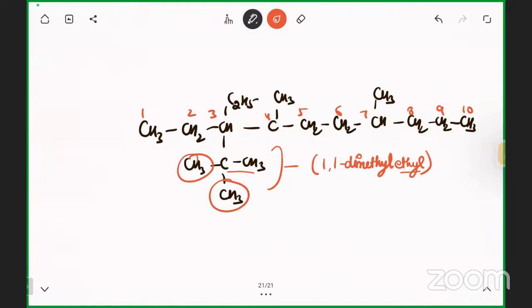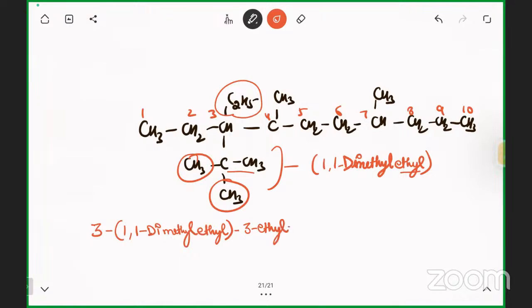So then we have to write the name. In A, B, C, D, we have D first. Just remember you have to make it capital here. Di. The naming should be 3-(1,1-dimethylethyl). Then dash. On third position, we have one more ethyl, 3-ethyl, dash.